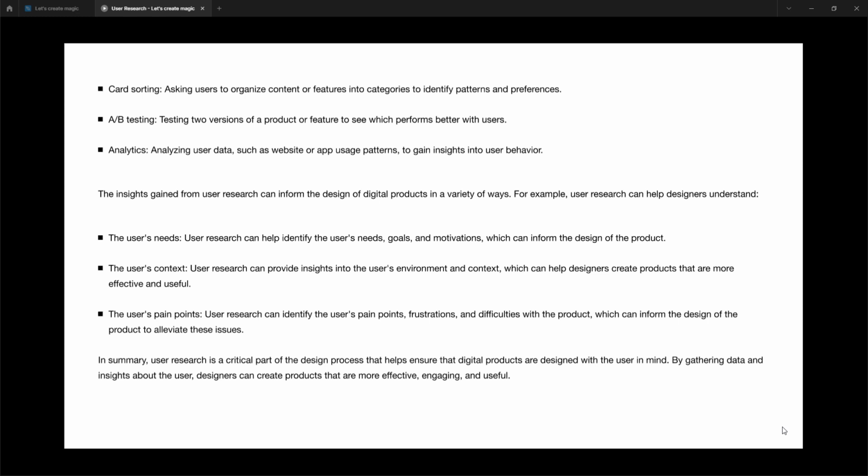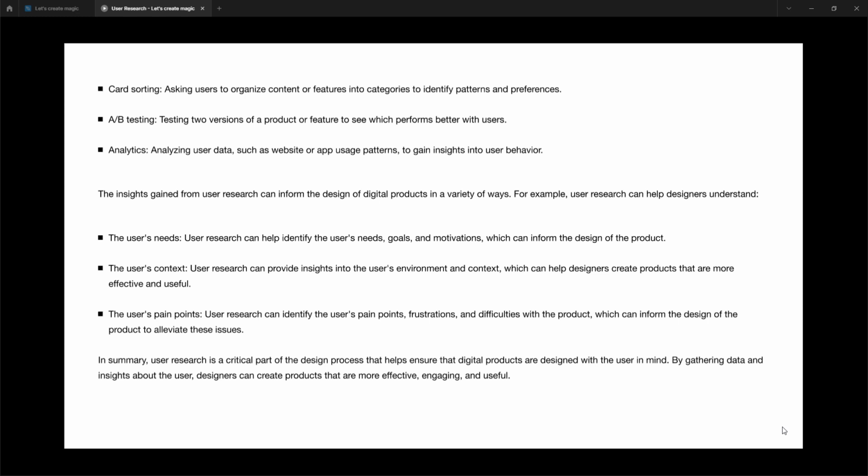User research can provide insights into the user's environment and context, which can help designers create products that are more effective and useful. Last, the user's pain points. User research can identify the user's pain points, frustrations, and difficulties with the product, which can inform the design of the product to alleviate these issues.